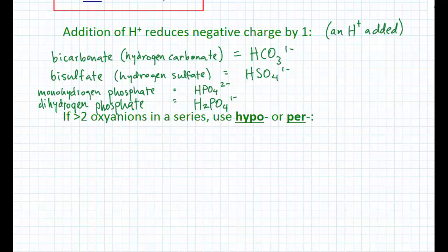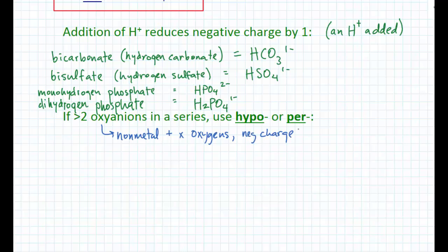Now, I'm going to show you a series of these. It's called oxyanions when it's a nonmetal element plus a certain number of oxygens, let's say X oxygens, and some kind of negative charge.